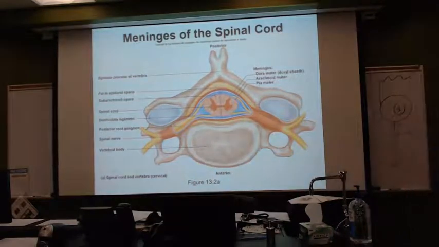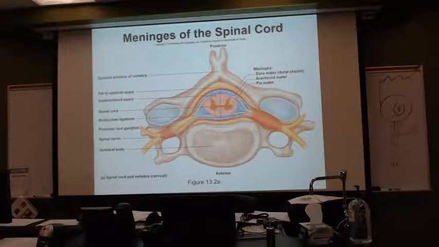Split. We see that we have a fork in the road, so to speak, and part of it goes to our anterior side, part of it to the posterior.